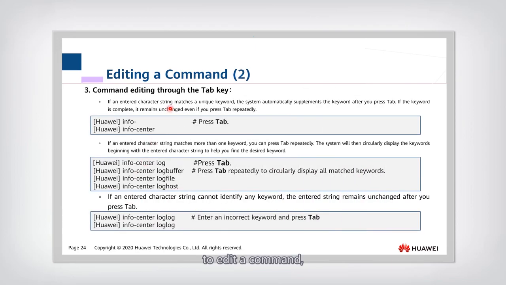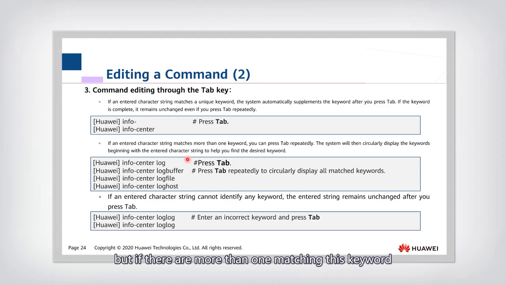To edit a command, you should also learn a very useful key, which is the tab. Tab can help us to supplement the keyword automatically. If you enter info and then press tab, it can automatically supplement the whole command if it corresponds to only one valid command.